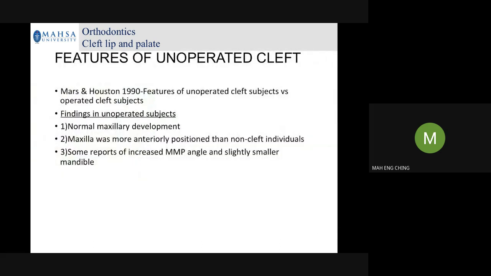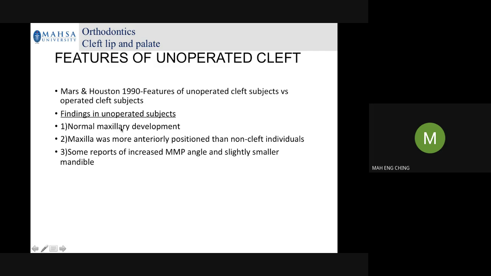But according to research, there are features of the unoperated cleft. Let's say you do nothing. At first we said the scar tissue will cause restriction of the maxilla, but what happens if you don't repair the cleft? Some researchers and doctors did studies. If you didn't repair the cleft, then you should have normal maxillary development. I mean the maxilla develops as normal.